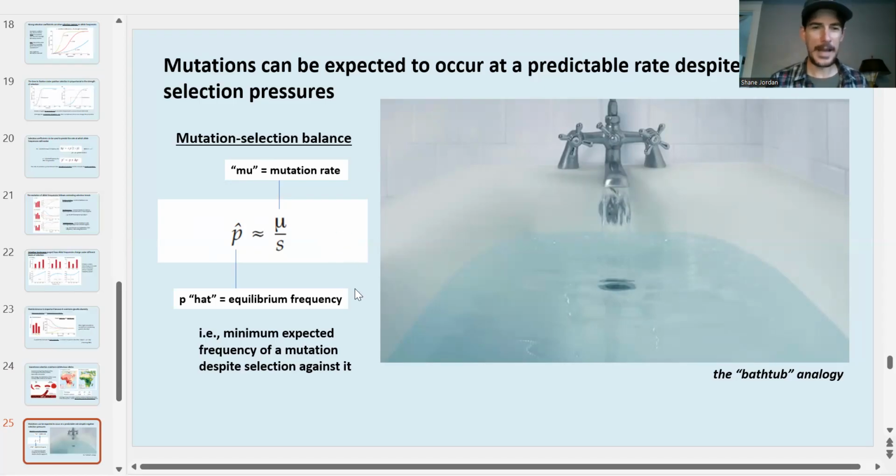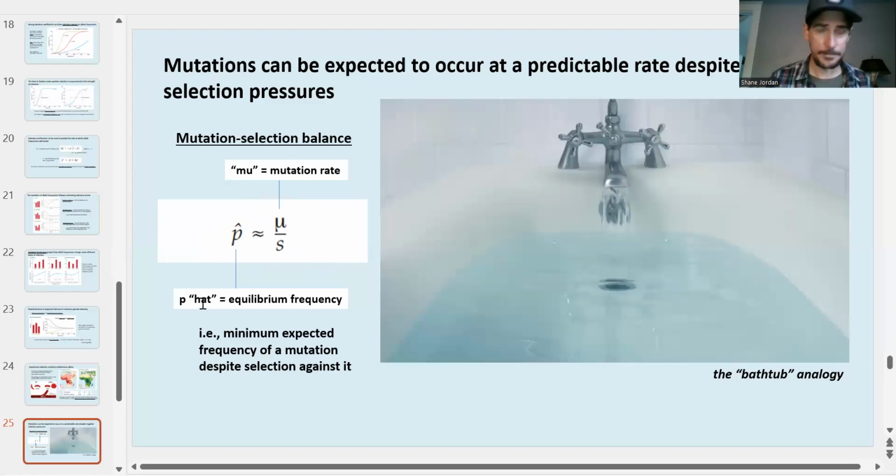We have a sort of mathematical representation of this, basically where if there is a predictable mutation rate, which we know many mutations do occur at predictable rates, and there is a certain strength of selection against this mutation, the quotient of that mutation rate to the strength of selection against it is proportional to the minimum frequency at which that mutation will occur in the population.